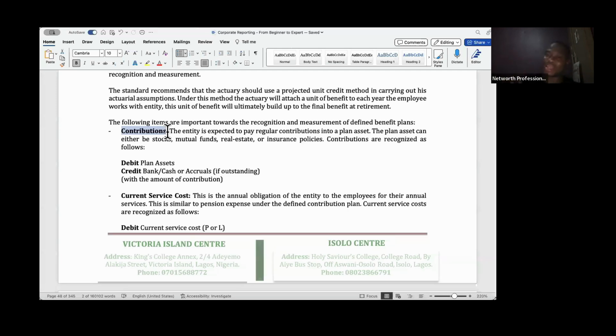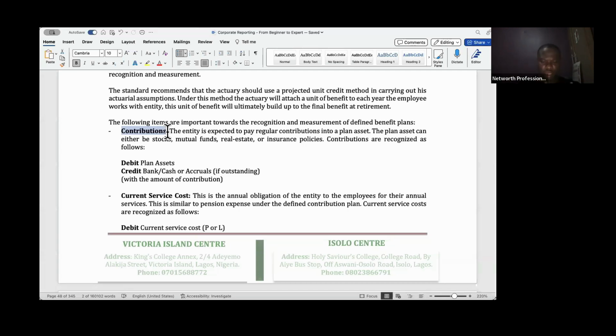That's what I mean by plan asset. It's not like they are keeping cash somewhere. That will not be wise. It's better to invest it. And that is a key distinguishing factor between a defined benefit plan and a defined contribution plan.